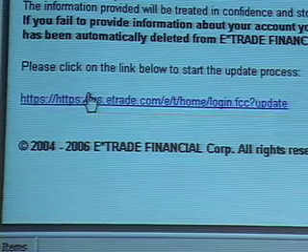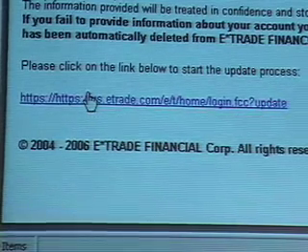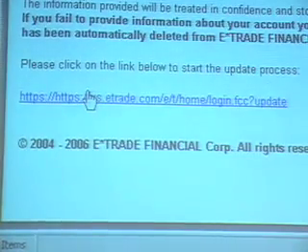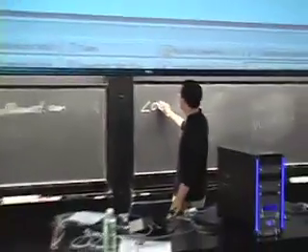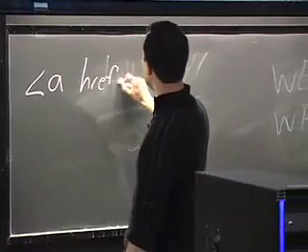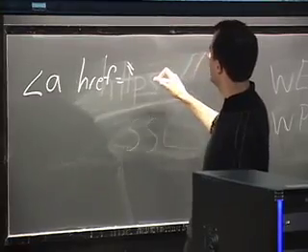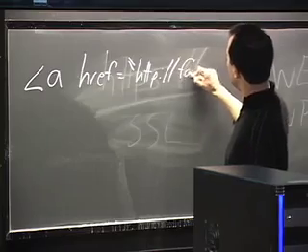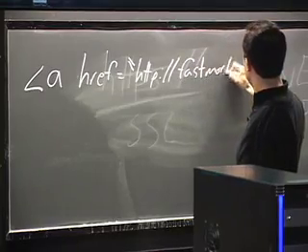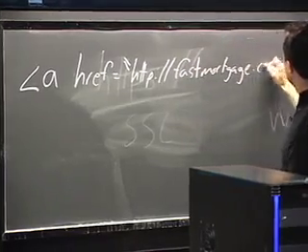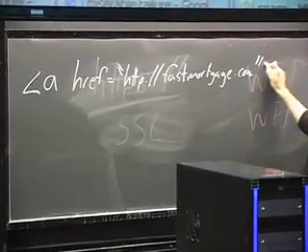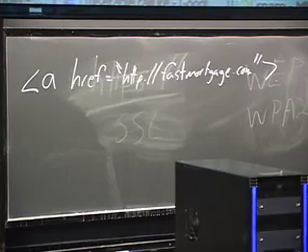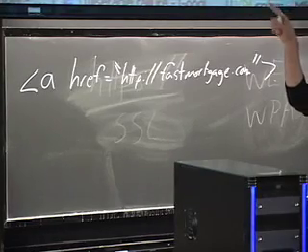But for now, know that when you make a web page or you send an HTML-based email, the way via which you make a link in the email is literally you type this, href for hyperreference, and then I might say something like http://fastmortgage.com, quote, angled bracket. Then I put the name of the link. So that's why you have this dichotomy between what you're seeing and where you're going to end up.